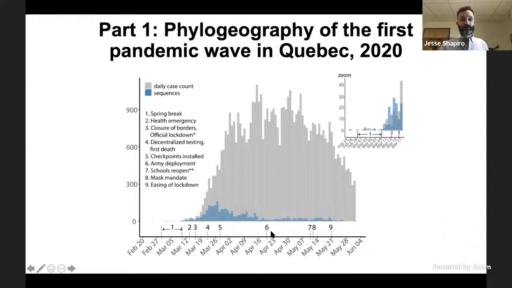The Army was actually deployed in long-term care facilities. So for elderly people and people with special needs in Quebec, it really spread tragically. And actually the Army had to come in to help. Our first mask mandate was the middle of May.